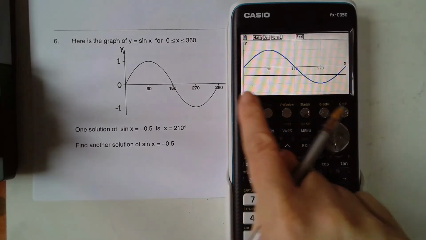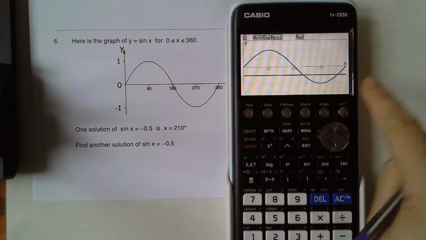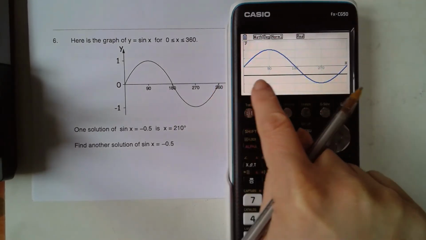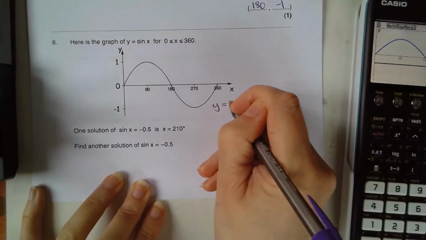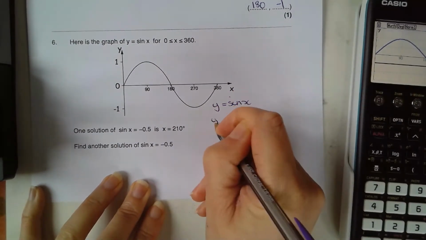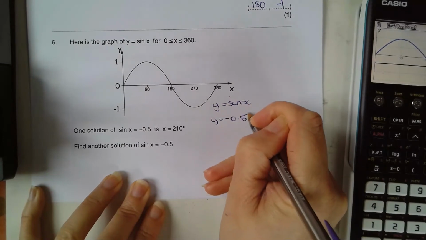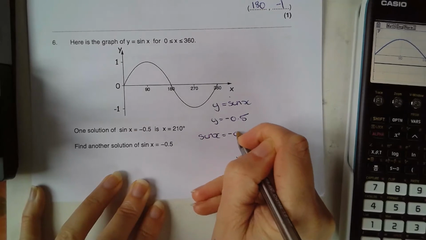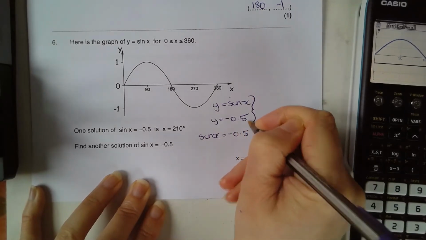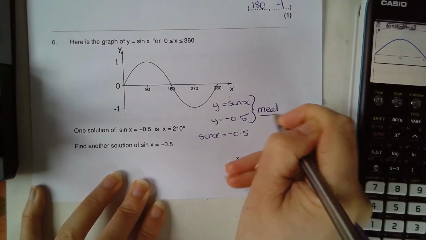Draw. So there I have my sine curve, and there I have my line y equals -0.5, because if I have y equals sine x, y equals -0.5, sine x equals -0.5 is where these two meet.